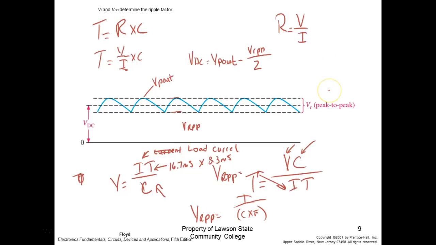Well, if you notice, there's so little difference between V peak out and this right here, then to get a guesstimation of what the load current is, we just use V peak out. So I of the load would be approximately V peak out over R of the load. And that's a guesstimation. The only other option is to measure it.